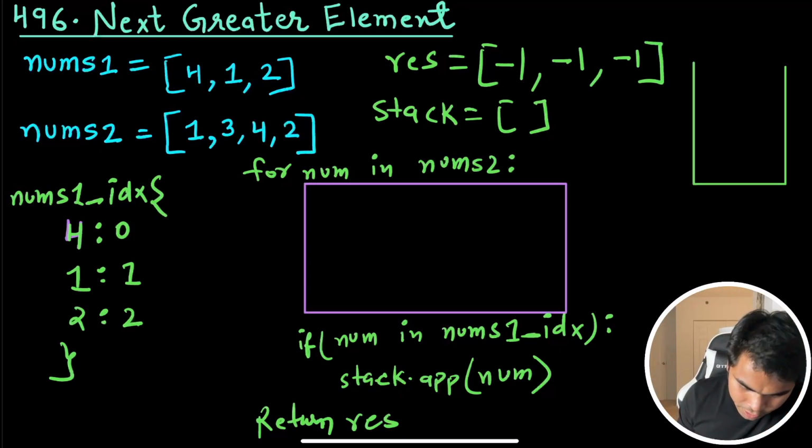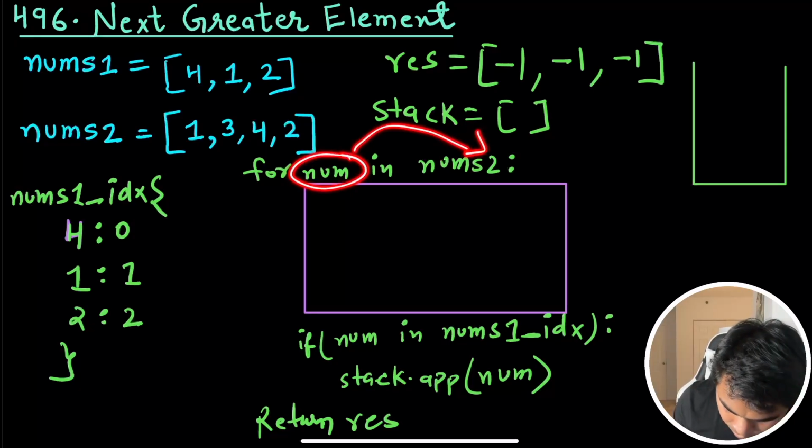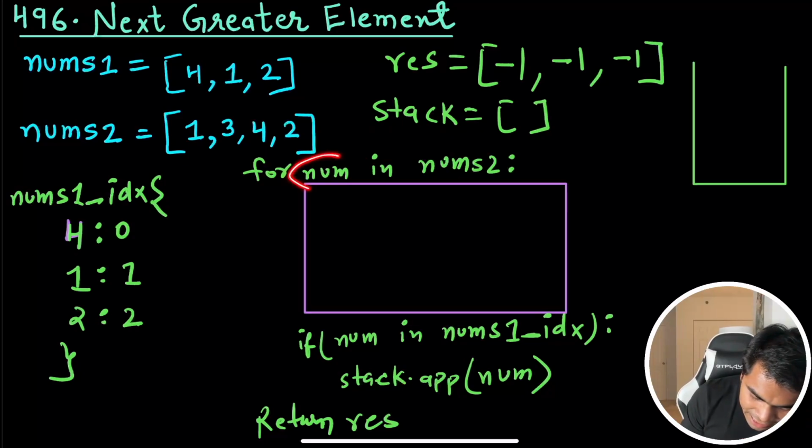Well, this num right here that I'm seeing in nums2, it can either be present in nums1, but it can also be a potential num that is the next greater element of any element that I've seen so far, and I saw it in nums1, and I pushed it on my stack here. So let's say what I'll do is, I'll write the code.